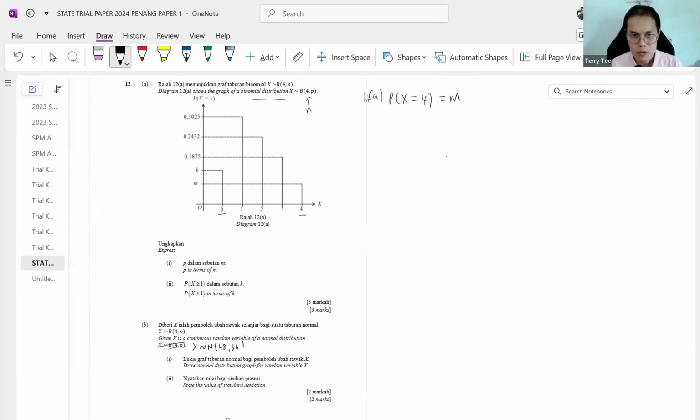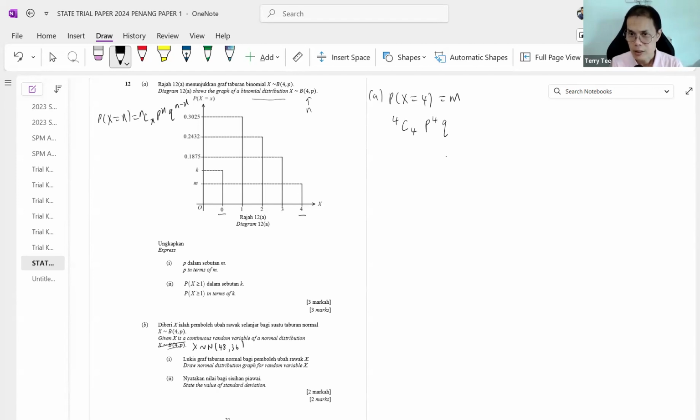So if you want to find small p in terms of m, you got to use this. Yeah, if you use x equals 0, then you will find in terms of k, right? I want in terms of m. So remember the formula. Let me write here. P(X = x) is nCx, p power x, q power n minus x, or you can use r. So your n is 4. C, your x is also 4. Your probability of success is p power 4.